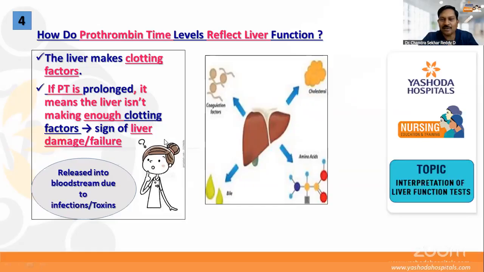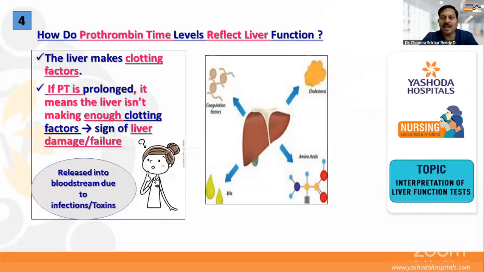This is a very important question because liver tests are important, but along with the liver test, prothrombin time or INR is very important, because albumin and prothrombin time are deranged when there is a problem in the synthetic function of the liver. The liver synthesizes a lot of clotting factors. So if there is any liver problem, the prothrombin time is prolonged, and it indicates a very serious problem in the liver.